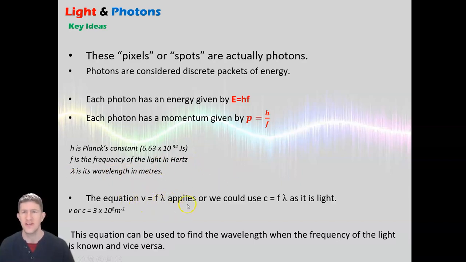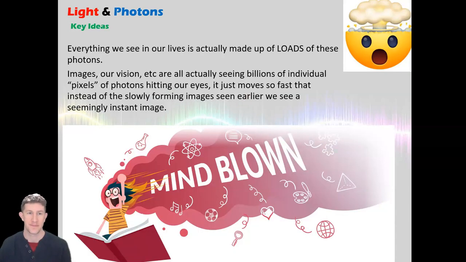We can still use this v equals f lambda equation that we used in waves, or we could just replace the v with c because we're talking about light in this case, so it has to be moving at the speed of light, c. So we just replace that and we get c equals f lambda. We can use this equation to find the wavelength if we know the frequency, and vice versa. If we knew the wavelength and we didn't know the frequency, we didn't know what kind of actual light was being produced, we could then use this formula to calculate it.